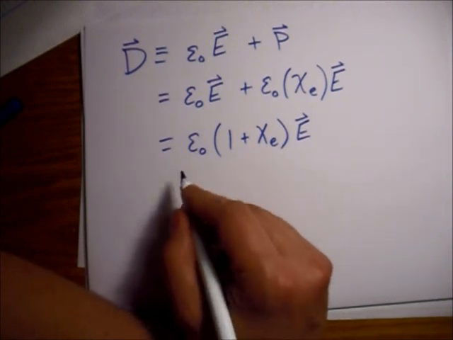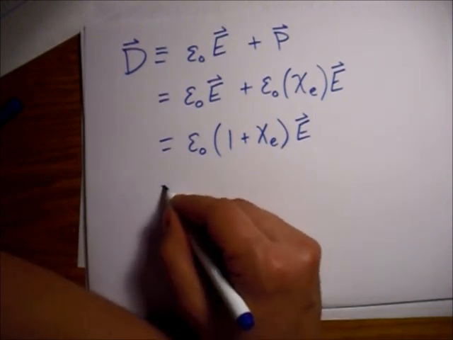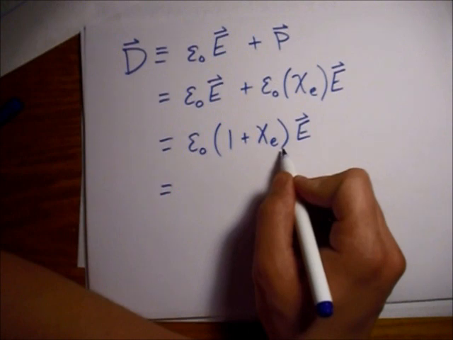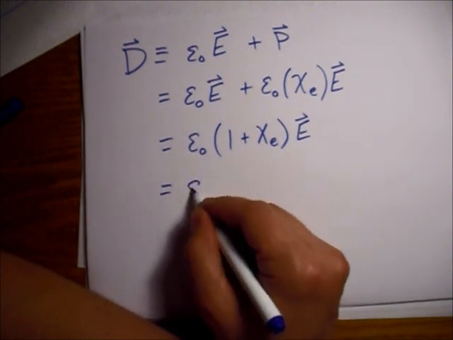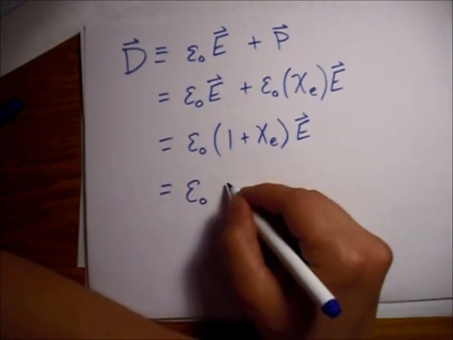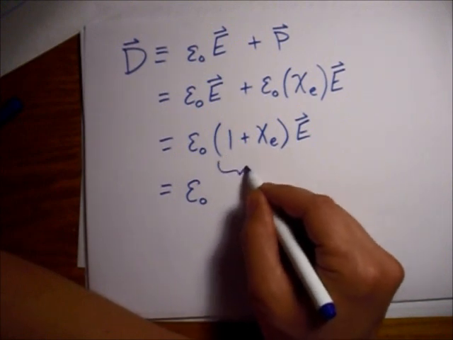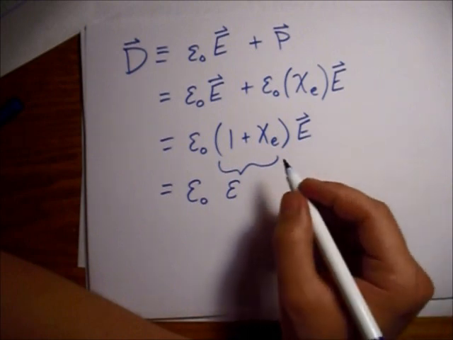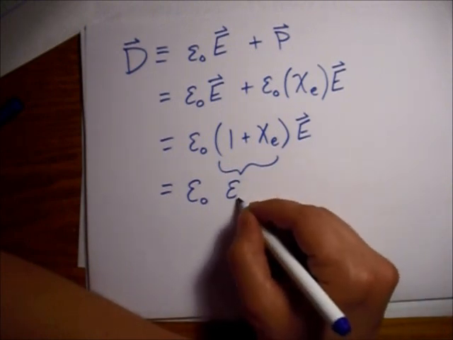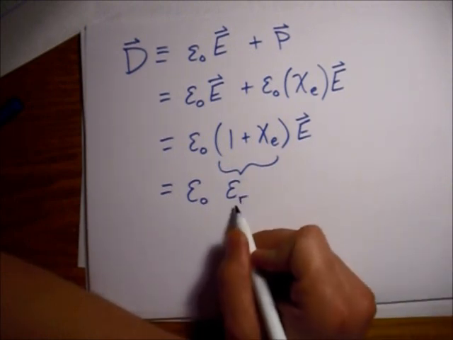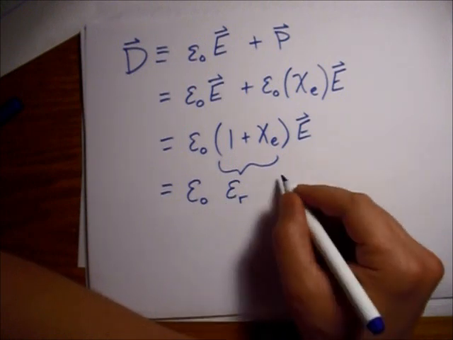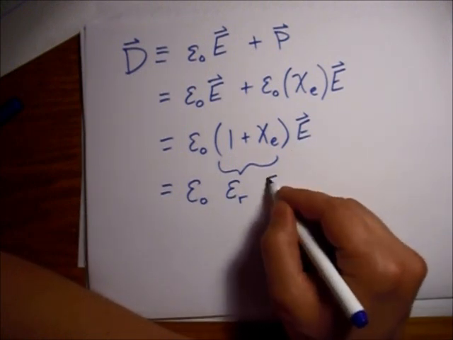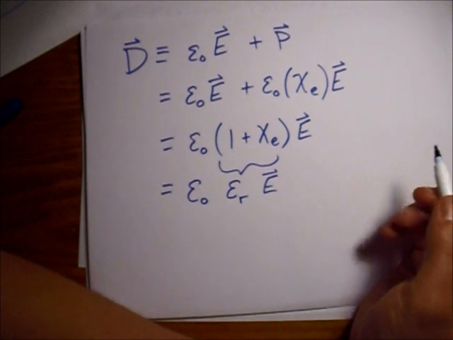This term in parentheses is called the dielectric constant. All right, so epsilon naught, the permittivity of free space, multiplied by this, which is the relative permittivity, or in other words, the dielectric constant, epsilon sub r, and then of course our electric field comes down.